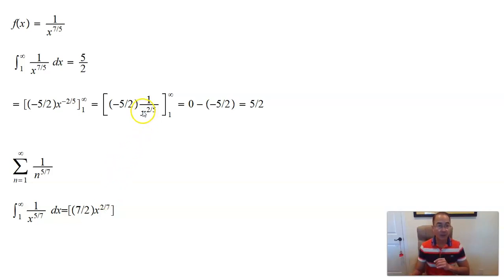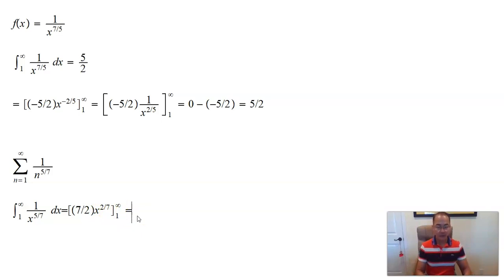All right, so there is no need for us to flip anything. Unlike before, the exponent stayed negative; this time it became positive. And we're going from 1 to infinity. Well, x is getting bigger and bigger, and x to the 2 over 7 is still getting bigger and bigger also.